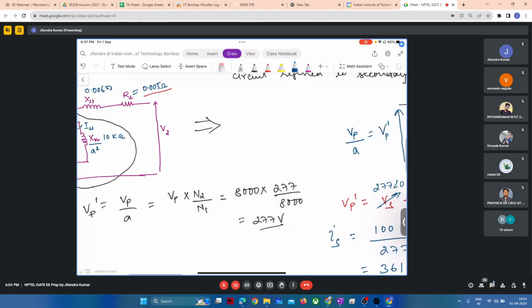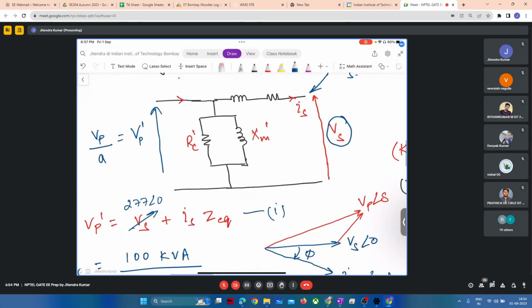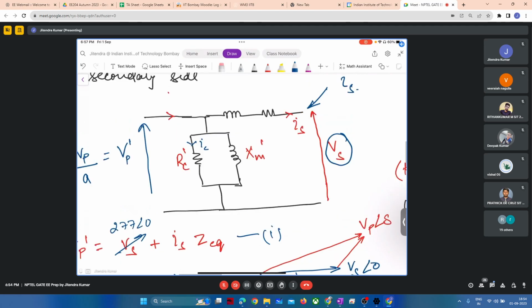You have drawn this circuit already. Whatever current will flow in this RC, the loss corresponding to this current will give you the core loss. And whatever current is flowing in this resistance, the loss corresponding to this resistance will give you the copper loss.